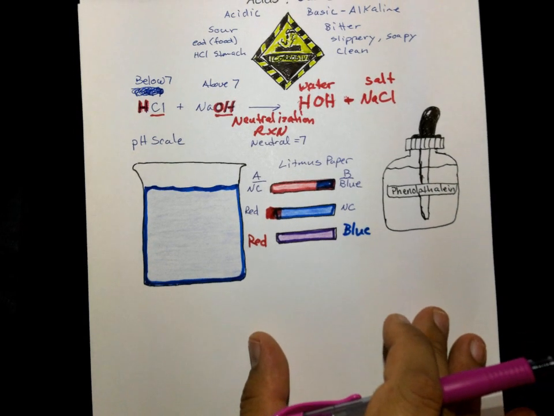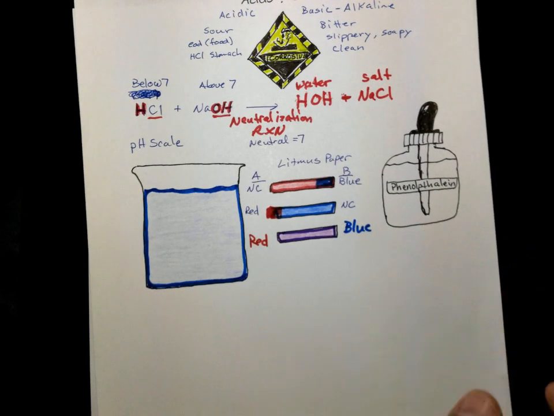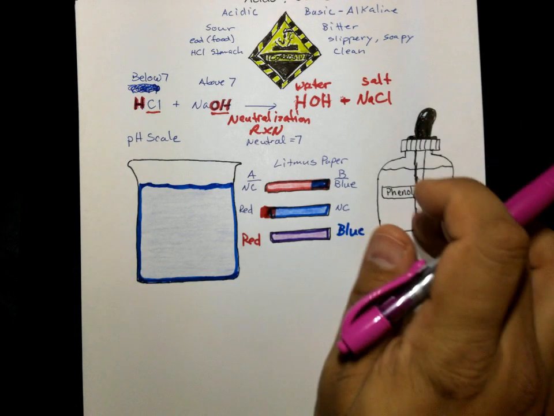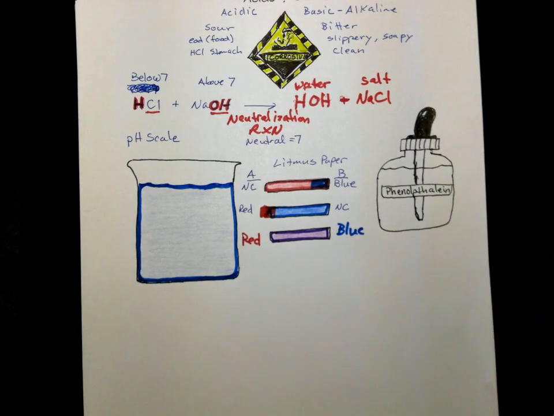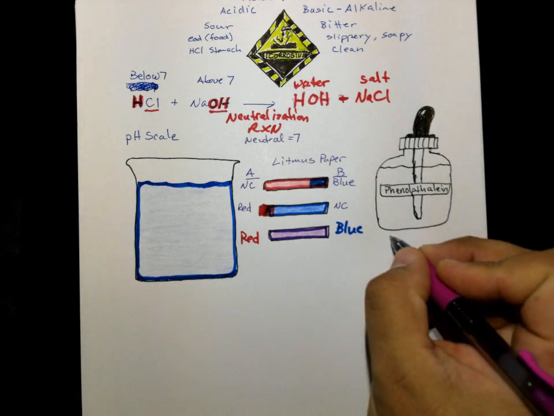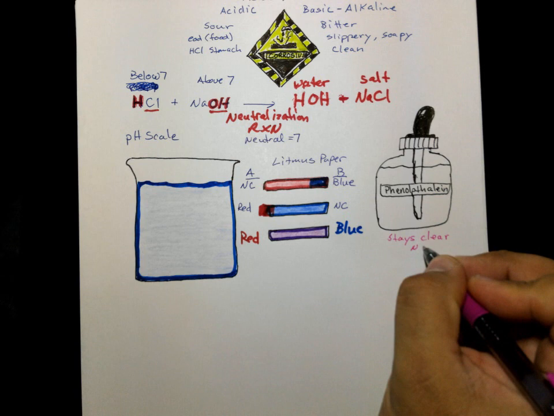Alkaline meaning basic. So then we came up to this stuff called phenolphthalein. It's a clear solution. What you do is you take this dropper and put a couple drops in the solution and then you mix it around. Well, if it stays clear, there's no change.